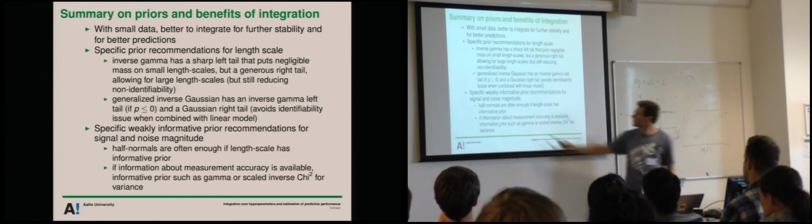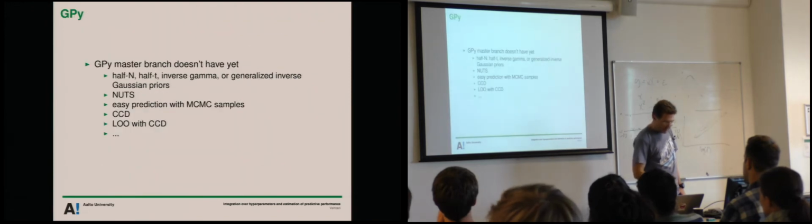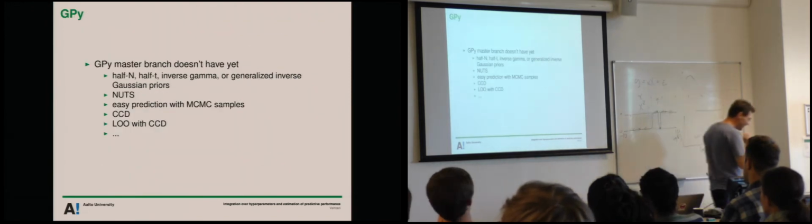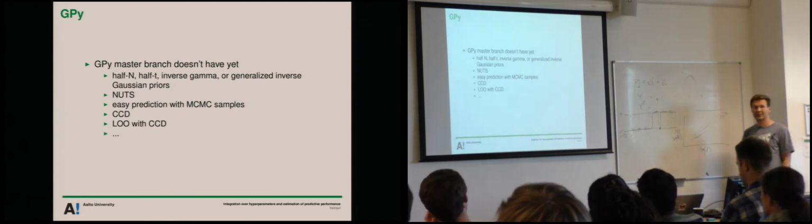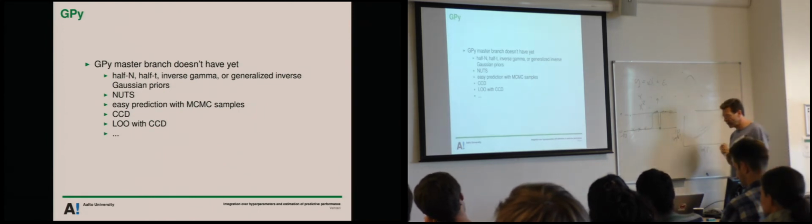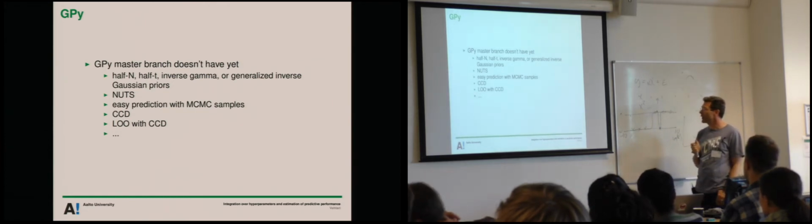Probably should be inverse gamma. Currently, the problem is that GPy doesn't have these priors we recommend. They are already in one branch, and so they will be available at some point.